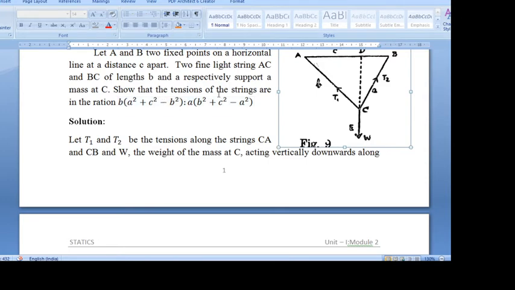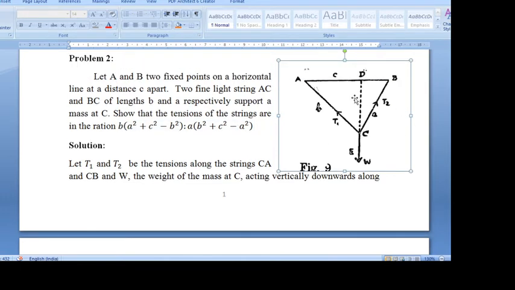Now we are going to prove that the tensions of the strings are in the ratio b(a² plus c² minus b²) to a(b² plus c² minus a²). Because the two strings AC and BC support a weight W, they have tensions T1 along CA and T2 along CB.